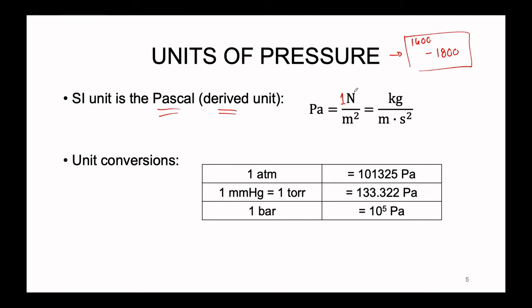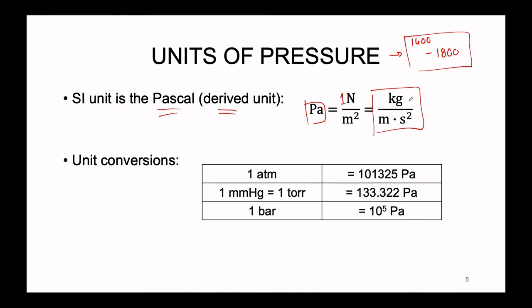If we want to break this unit down into the fundamental standardized SI units, the Newton is equal to a kilogram meter per second squared. So this is how we get this fundamental combination of units over here to the right, where a Pascal is equal to 1 kilogram per meter second squared.